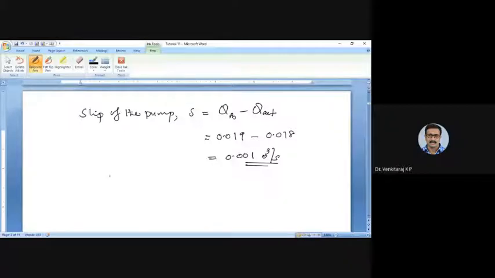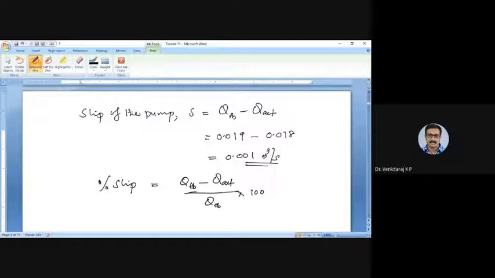And now the percentage slip you can calculate using the formula Q theoretical minus Q actual by Q theoretical into 100.